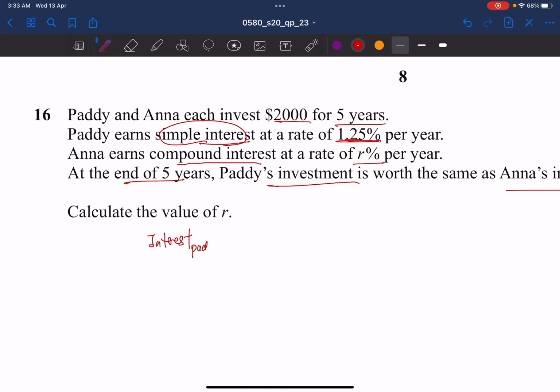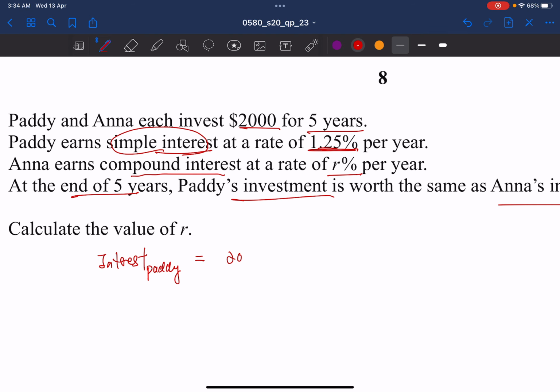The interest that Patty earned is PRT, principal times rate times time. The rate is 1.25, but percent means divided by 100, times 5 years. So you get $125.